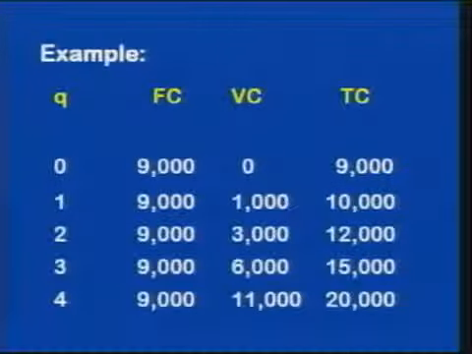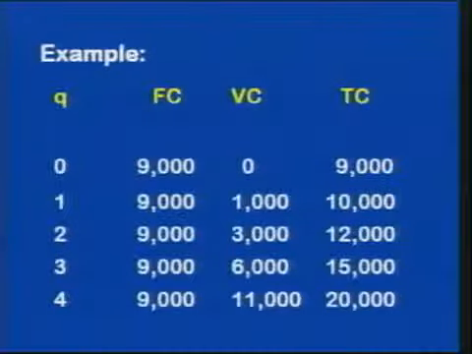So now let's see a numeric example. In the car factory example, the fixed costs, like the land and the machine, are 9,000. And for the variable cost, if you don't produce anything, you don't need to buy any parts or hire any workers.